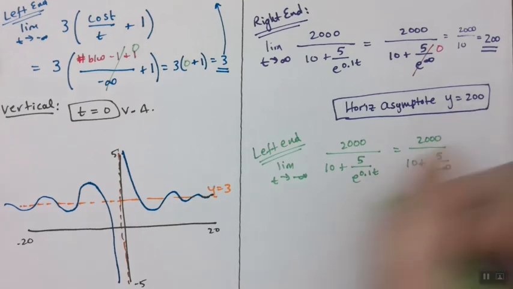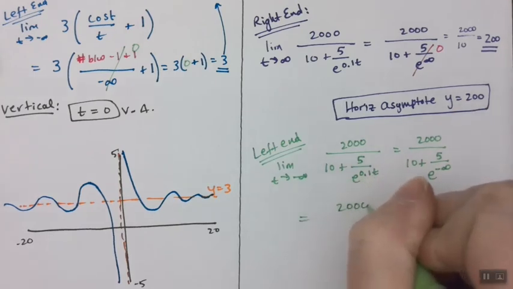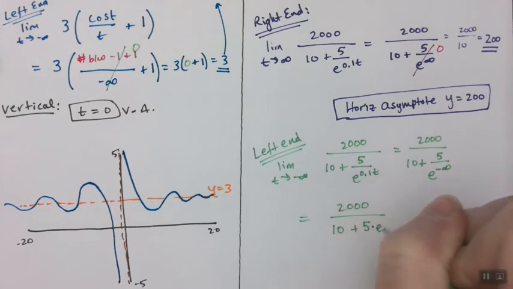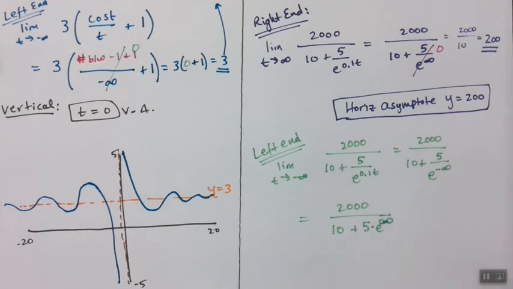So this is, let me write this, 2000 over 10 plus 5 times e to the positive infinity, right? Because of the power rules, right? A negative power means that it's in the wrong place. So if it's in the denominator, you have to move it to the numerator and then get rid of the sign. But that's infinity. And 10 plus infinity, this whole thing is infinity.